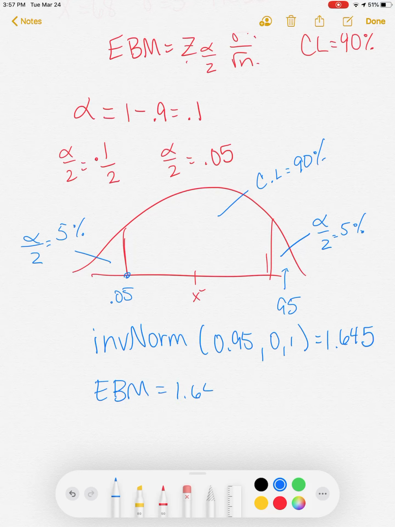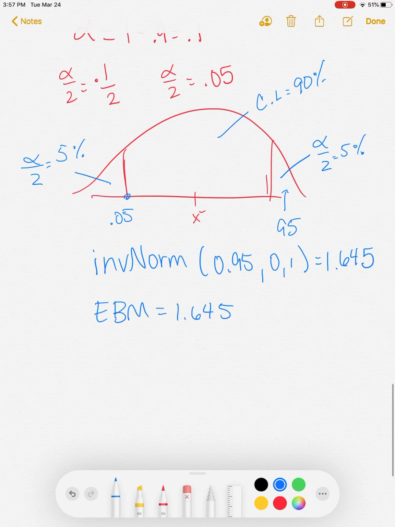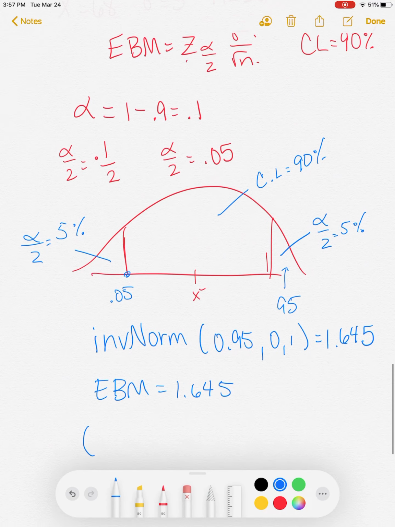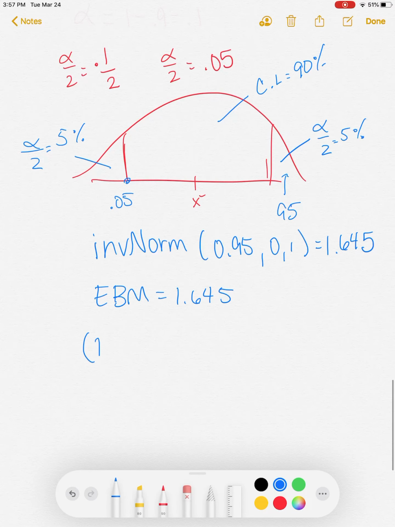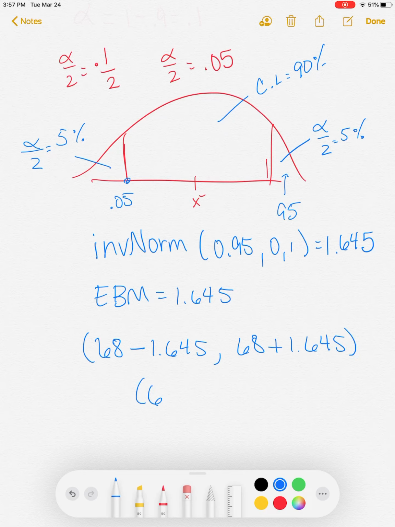Our EBM will be that 1.645. So what we would do is take that 68. Remember we said our confidence interval is our mean, which was 68, right? 68 minus 1.645, and the upper interval was 68 plus 1.645, and it actually ends up being exactly what that calculator gave us before.